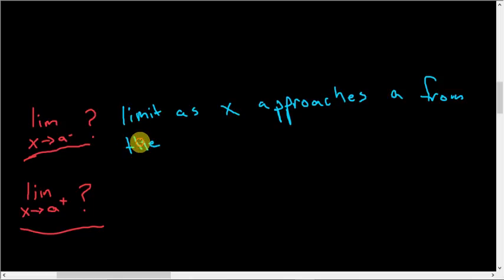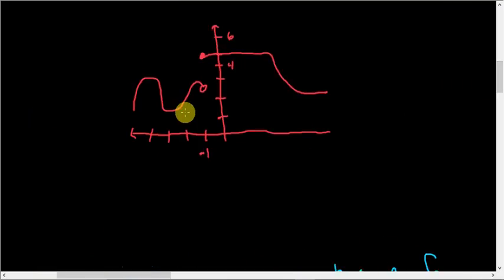That's all it really means. You can think of it as coming from the more negative side. You don't want to say negative per se, because right here the limit we're going to try to find is -1, so it really means coming from this side.